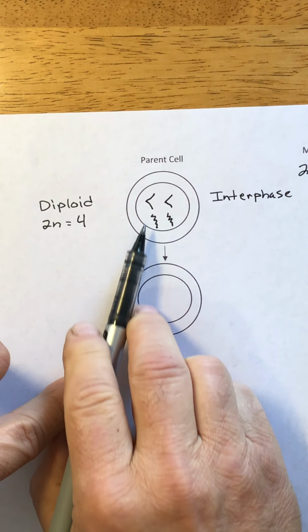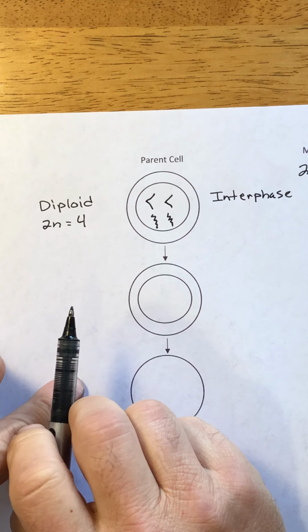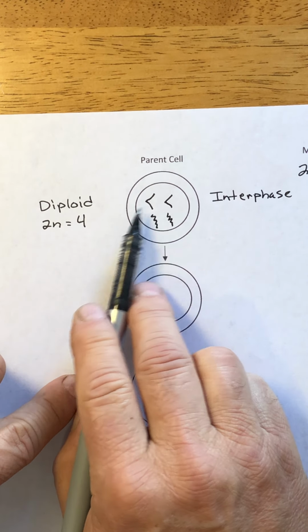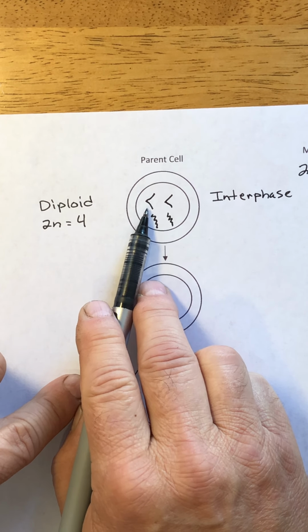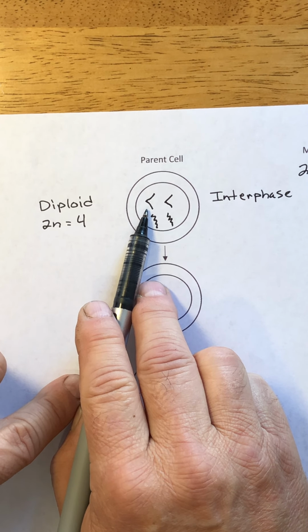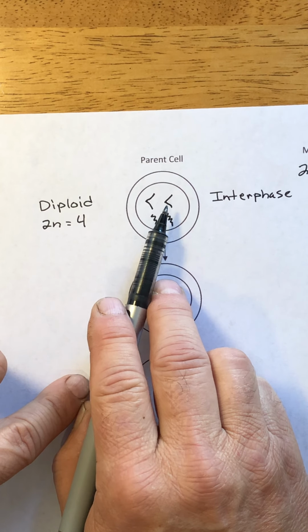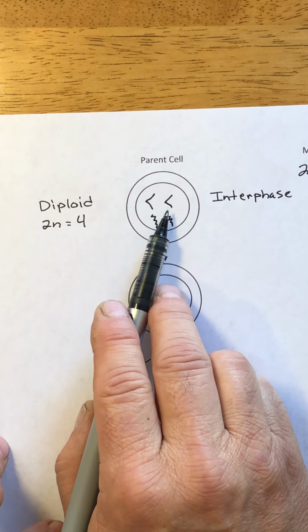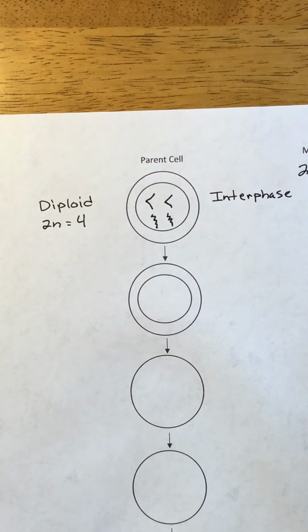So that tells you that you have 1, 2, 3, 4 total chromosomes. 2N tells you that those chromosomes are occurring in pairs. And so this chromosome would be carrying the same type of genetic information that this chromosome would be carrying, for example, maybe hair color or eye color. So they will be essentially alternate forms of the genes on those pairs of chromosomes.